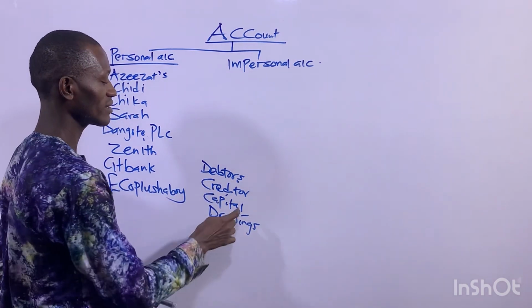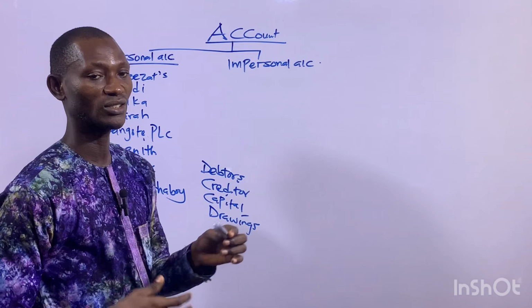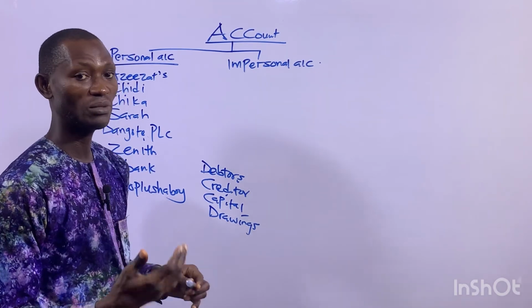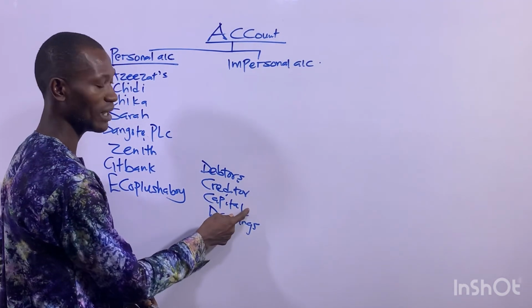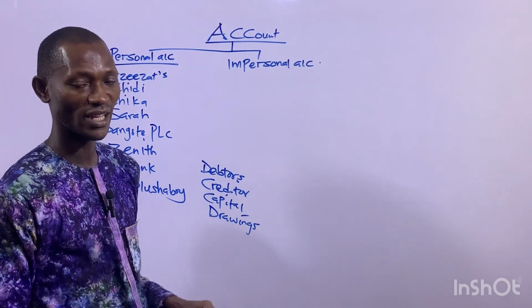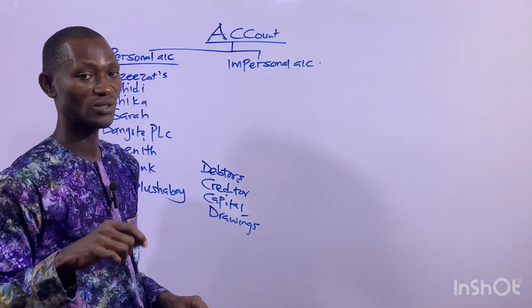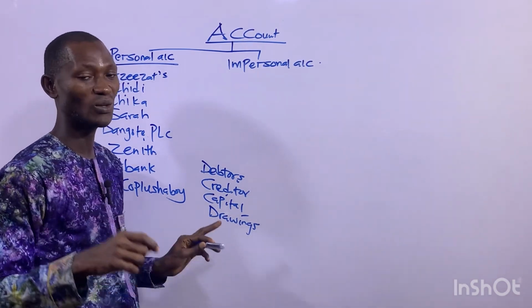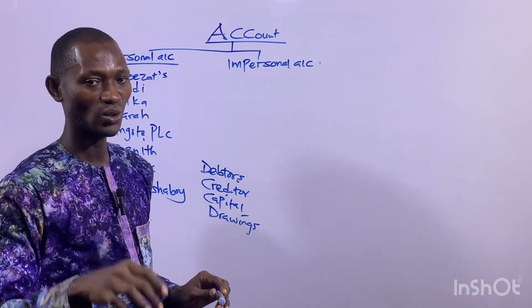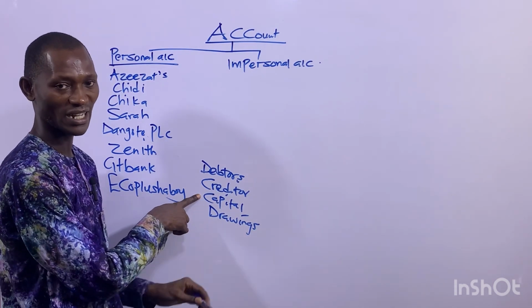Anything the owner contributes into the business to keep the business thriving or flourishing is called capital. We call it owner's interest or owner's equity. That's the owner's contribution. It will be recorded in a personal account known as capital account.